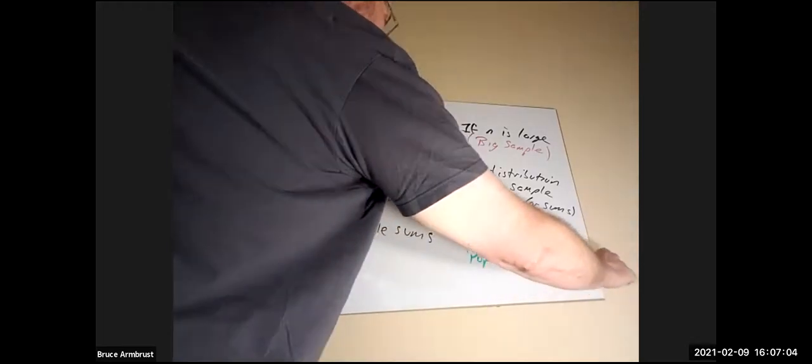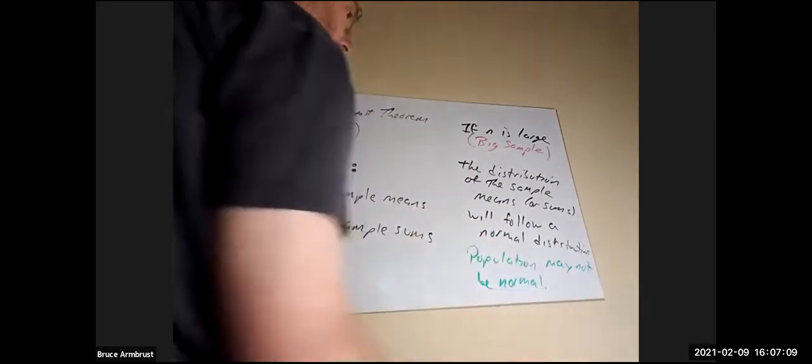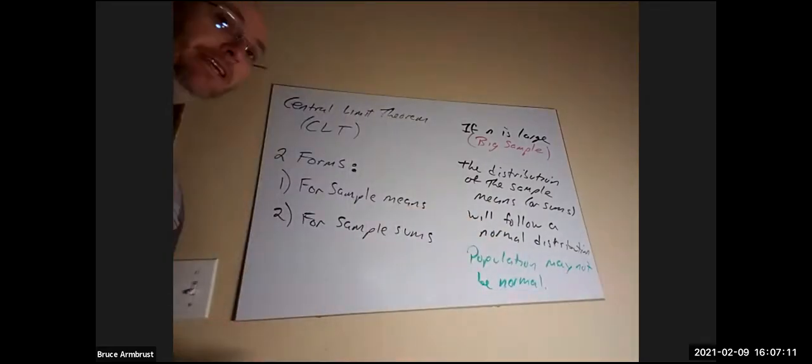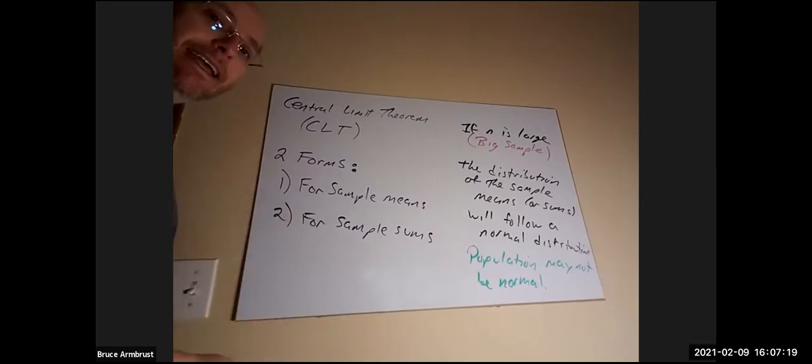So the population may not be normal. In fact, it could be uniform. It could be exponential. It could be geometric. It could be any of the distributions that we've seen or the distributions that we haven't seen.